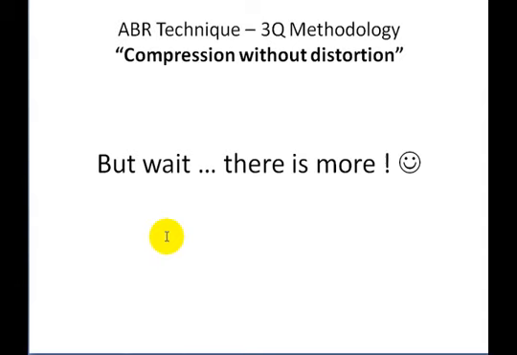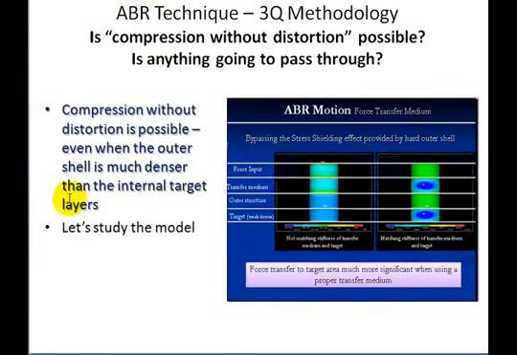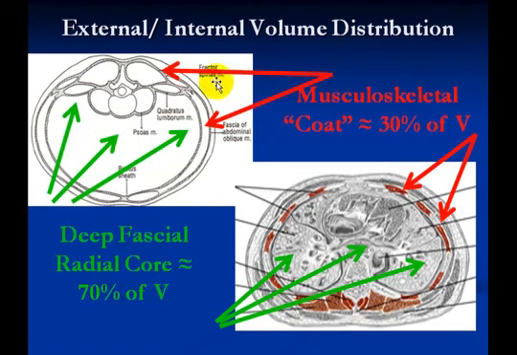But as they say in the infomercials, wait, there is more. That brings us back to the fundamental challenge I described a bit earlier, that we deal with real bodies, namely the relationship between the external muscular and skeletal shell and the deep fascial radial core that we actually want to address.